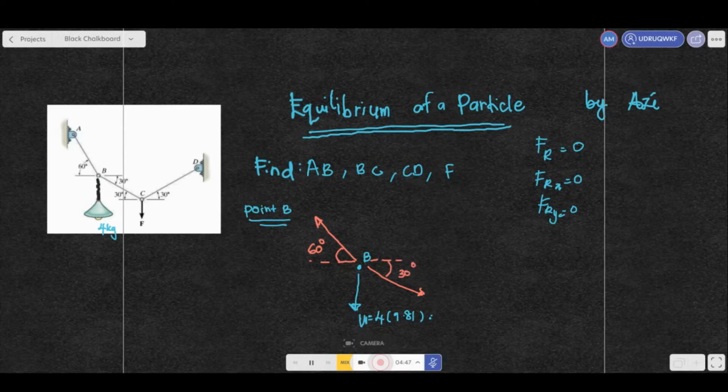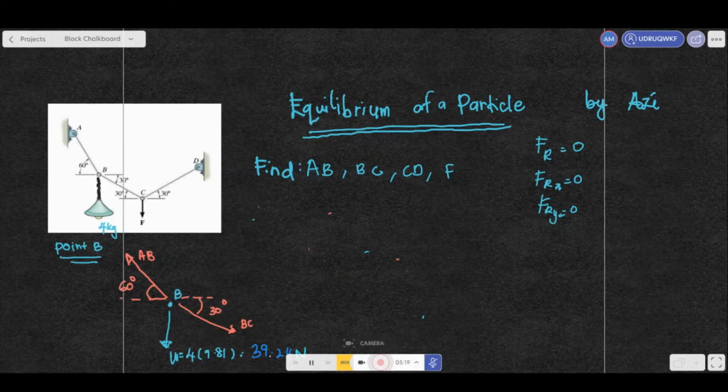Because we're discussing particles, we need to pay attention to the specific point or particle that we choose. So we label this AB, and this one is BC. Alright, this is your FBD for point B, or particle B.